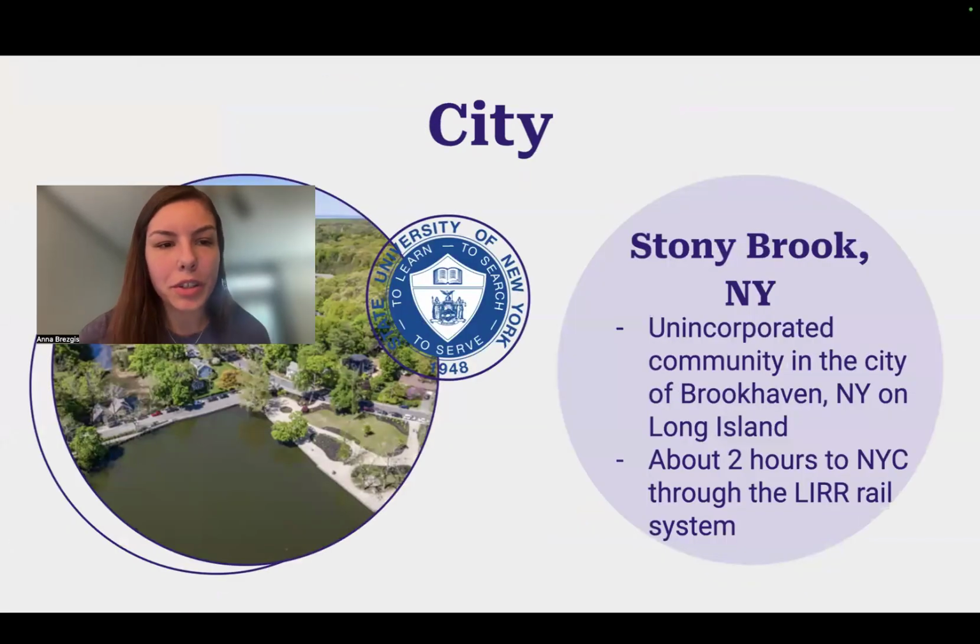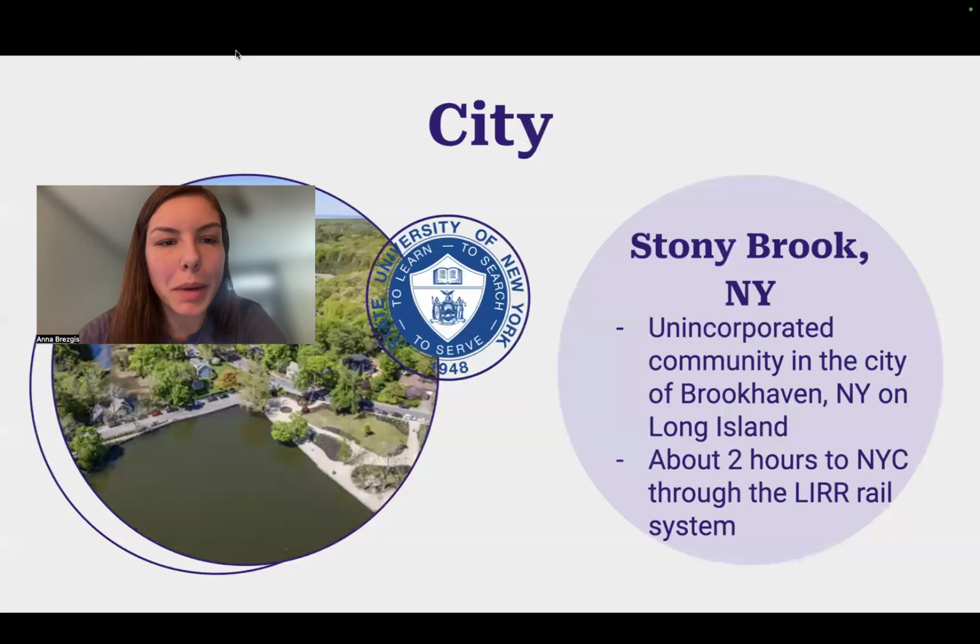We zoom out to the unincorporated community of Stony Brook in the town of Brookhaven, New York, on Long Island. This is about 2 hours to New York City through the metro system. I mention this for two reasons.